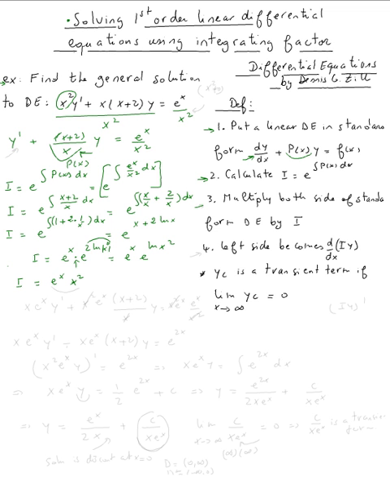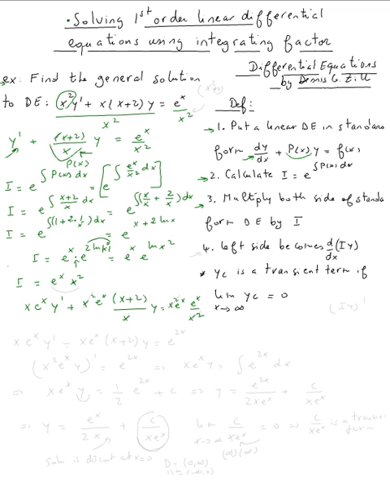Alright, number 3 says multiply both sides of the standard form by I. So in our case, multiply both by x squared e to the x. So x squared e to the x, that's the integrating factor, times y prime, plus x squared e to the x times (x plus 2) over x, and then same thing here, x squared e to the x times e to the x over x squared.